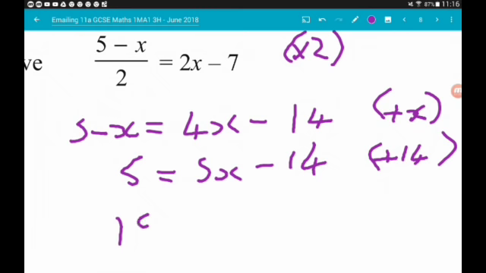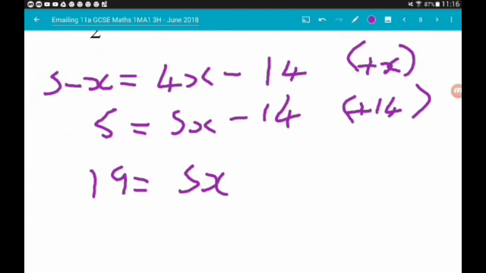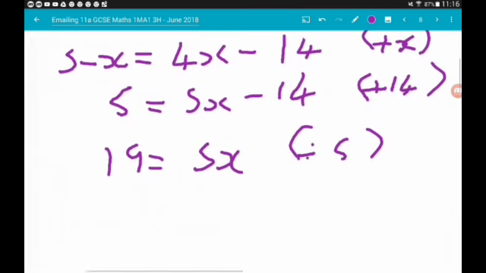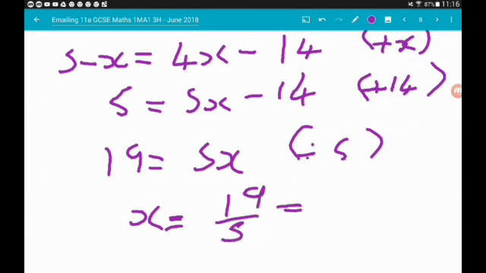Yeah, 19 is equal to 5x. And finally, divide by 5. And we get x is 19 over 5, or 3.8. Cool.